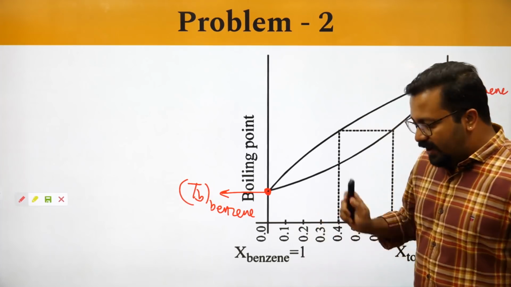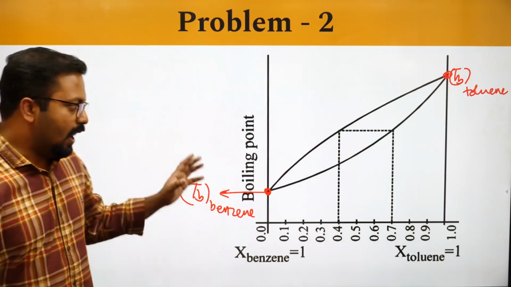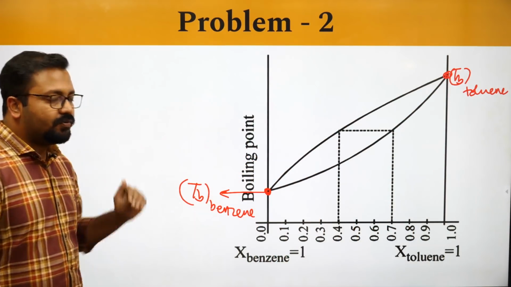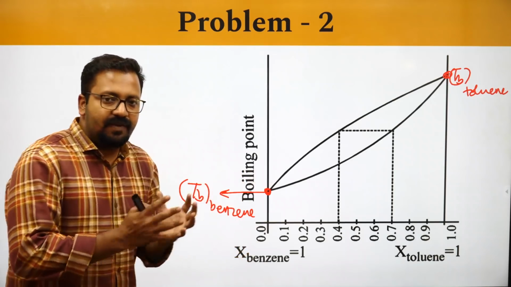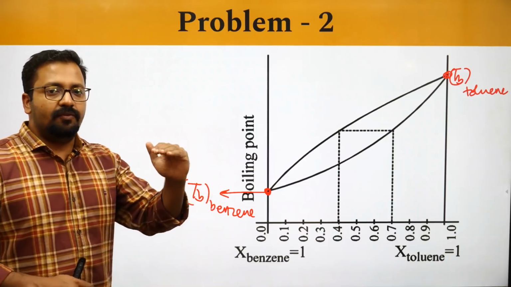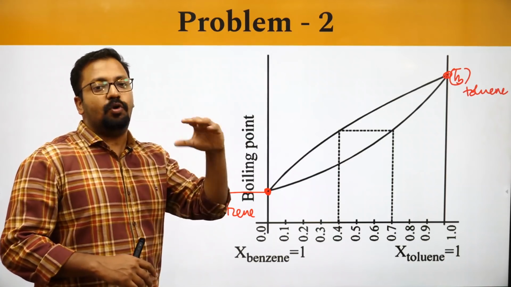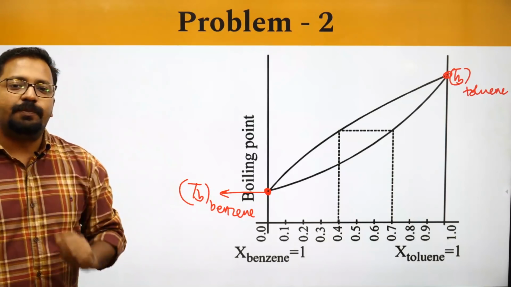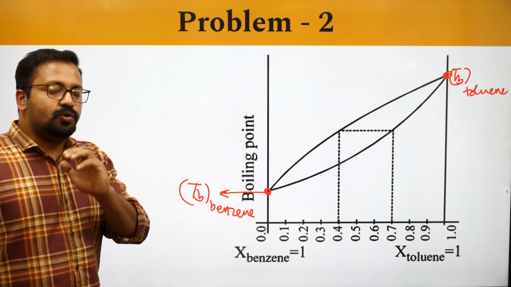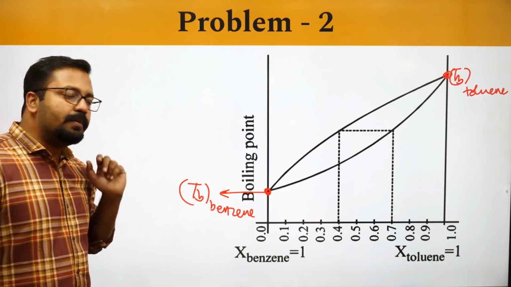Now, if I try to identify what we have to infer using this, we have to infer that at a particular point when we boil a liquid, तो vapor phase में कितना किसी का mole fraction रहेगा, ये हमें बताना है. Okay, how do we do that? We use something known as a lever rule.